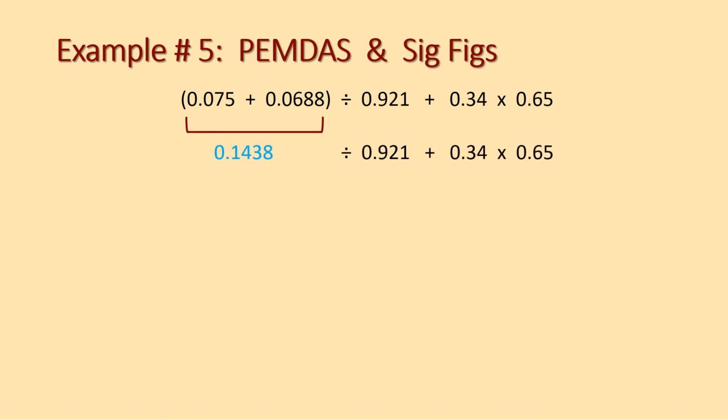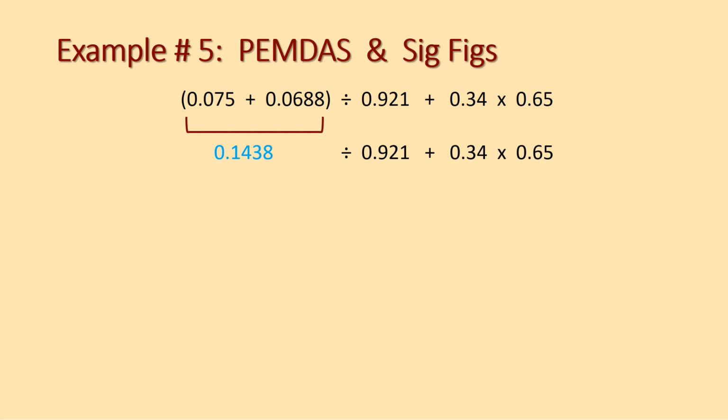Now, this is an intermediate solution, which means that we have to track those significant digits while bringing all of the digits forward. Now, how are we going to determine the significant digits of this intermediate solution? Well, we got the solution by performing an addition. And what are the rules for determining significant figures when adding or subtracting?